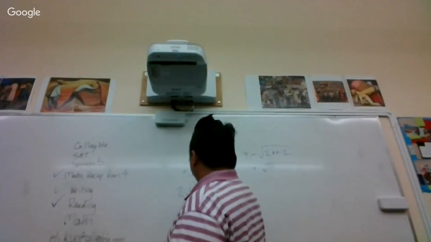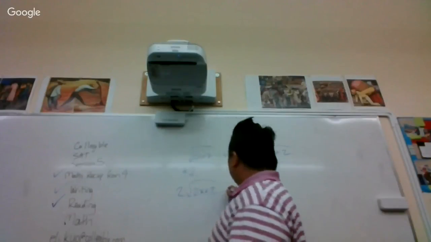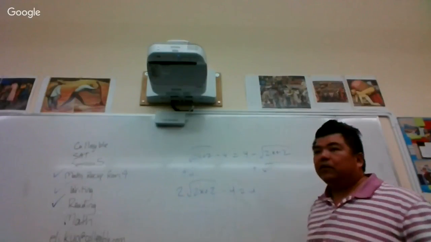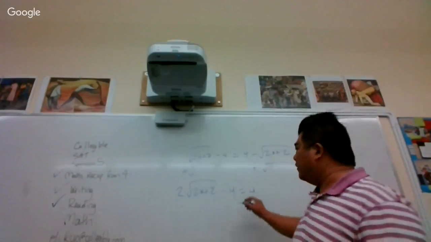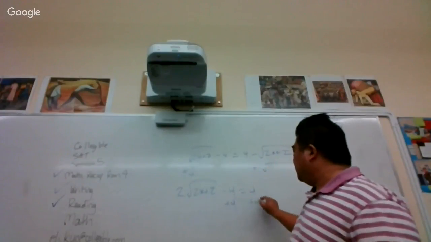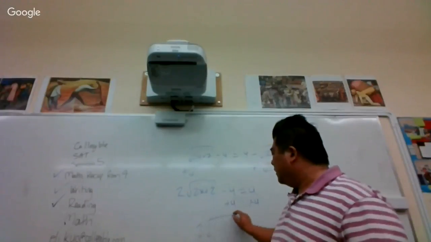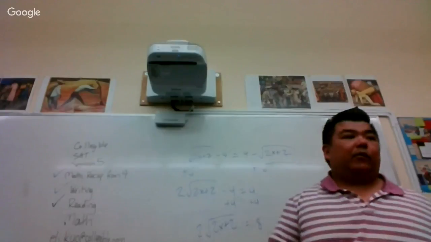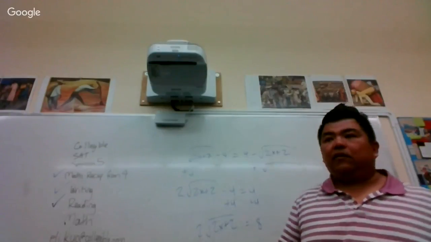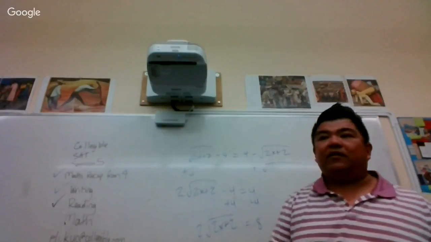So you get 2 times the square root of 2x plus 2, minus 4, equals 4. Do you square them on both sides yet? Yeah, you'd add the 4. So now you have 2 times the square root of 2x plus 2 equals 8. Then what? You could divide by 2.